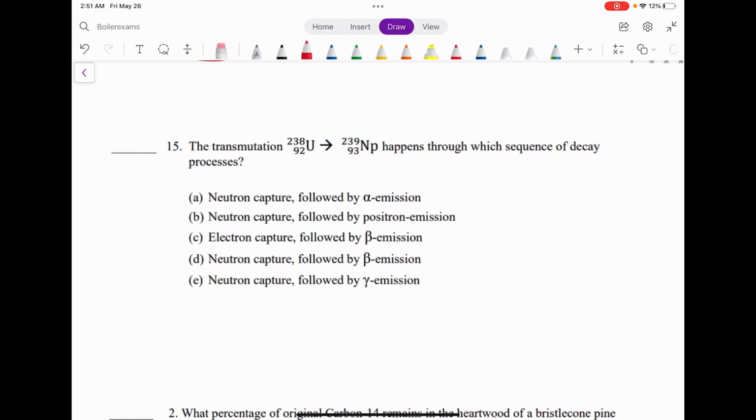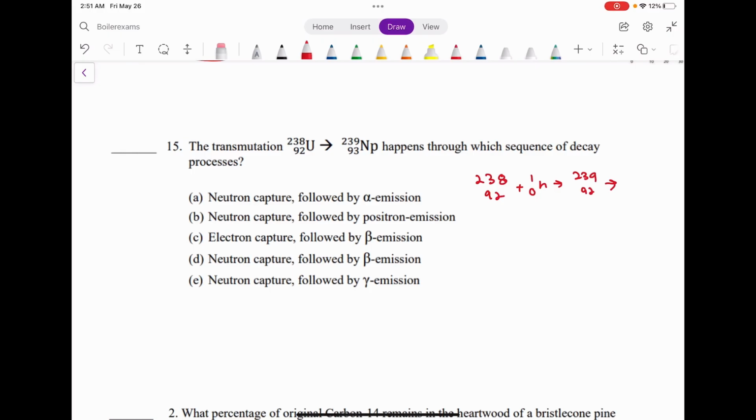So if I'm looking at A, we're going to capture a neutron, and let's write this out too, actually. So neutron capture, which would be 1, 0, N, and this would give me 239, 92, and then followed by alpha emission.